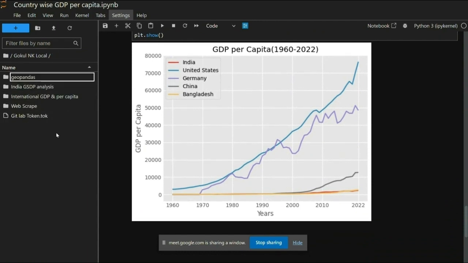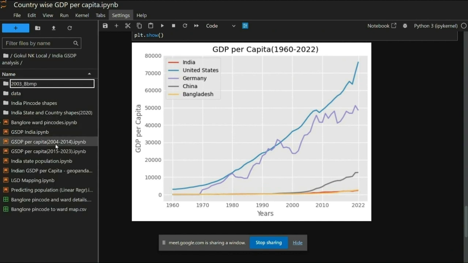So as you can see from the graph, anything that we will be plotting in future, we will be using ratios as much as possible. We will be using two types of denominators. The numerator will be the metric that we're looking at, and the denominator will either be population or the area of the land for which we are calculating. If you look at the GDP plot that we did before and now, it is pretty clear that United States and Germany are way ahead of the other three countries that we're looking at: India, China, and Bangladesh.